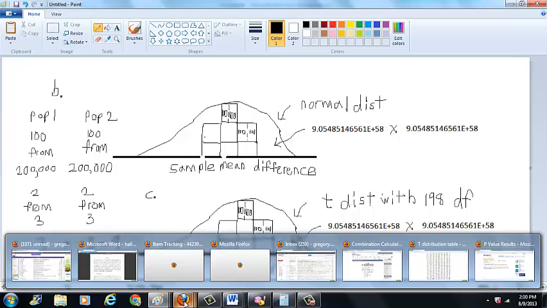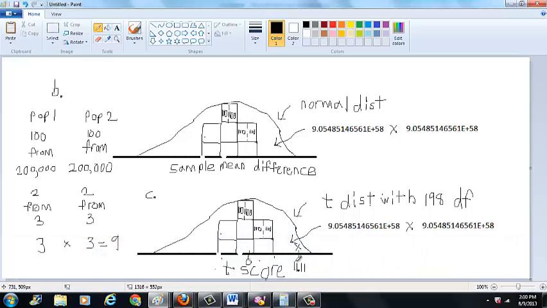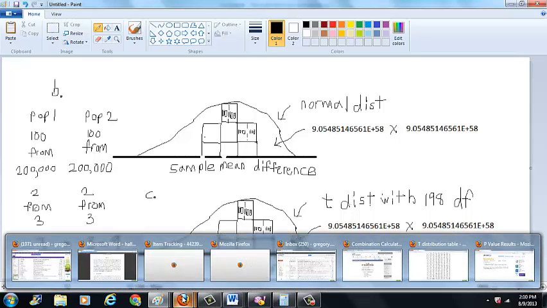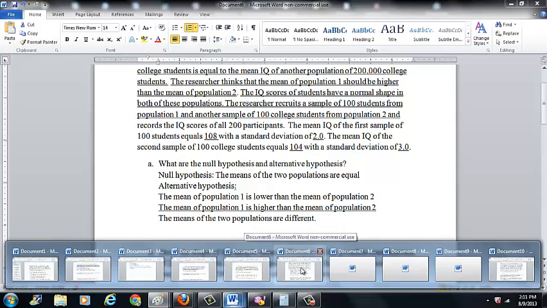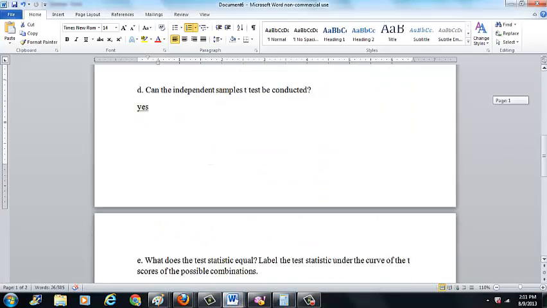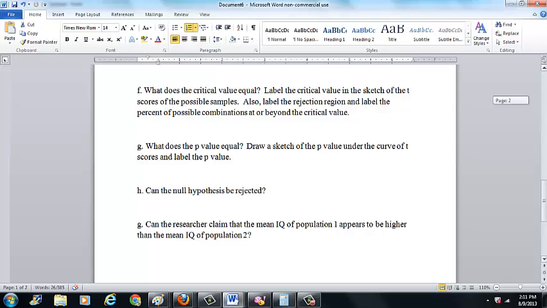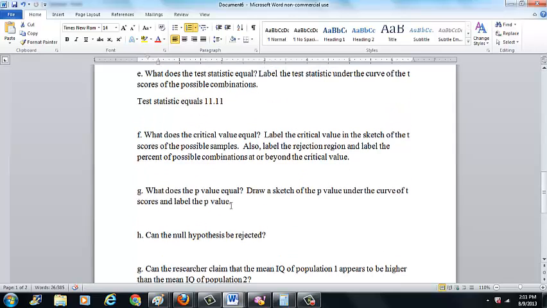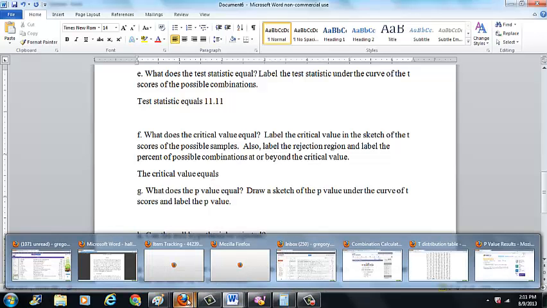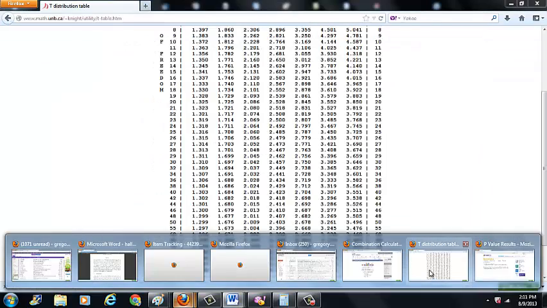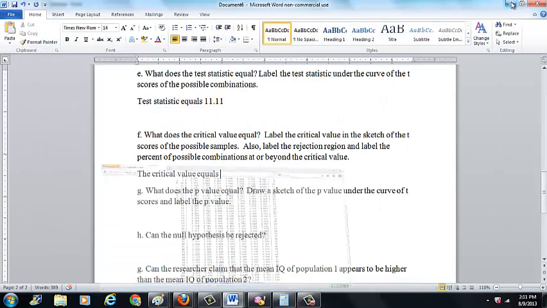And we ended up with a positive outcome of 11.11 for our t-score, which means we have to use a positive critical value. Critical value is 1.65.